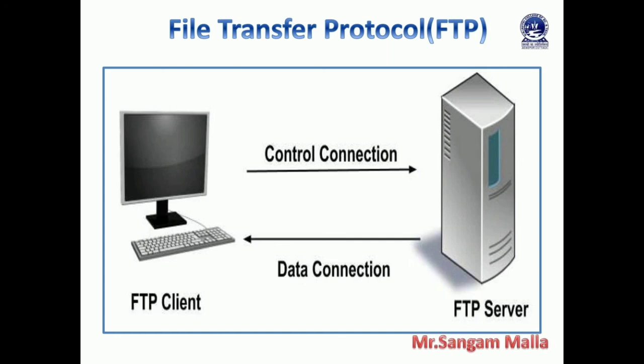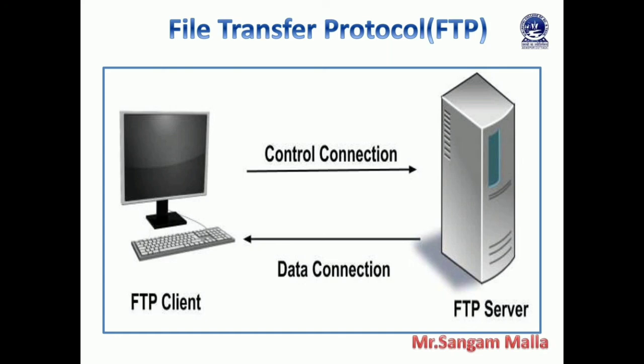Now you can see the image over here that denotes the connection between the client and server through FTP. There is an FTP client and there is an FTP server. Whenever a request is sent from the FTP client to the FTP server, that is called the control connection. That means whenever a client is requesting something from the server, control connection takes place. Similarly, whatever request is received by the FTP server, it gives the corresponding response to the FTP client, and that is called the data connection.